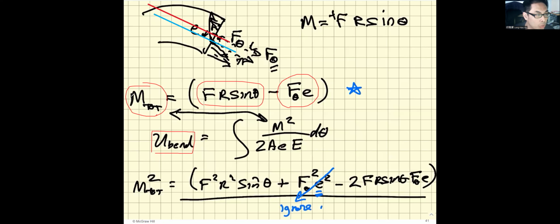Just plug this total moment in, and the total moment squared. We can ignore this term, because if the eccentricity E is small, we can just ignore this term.